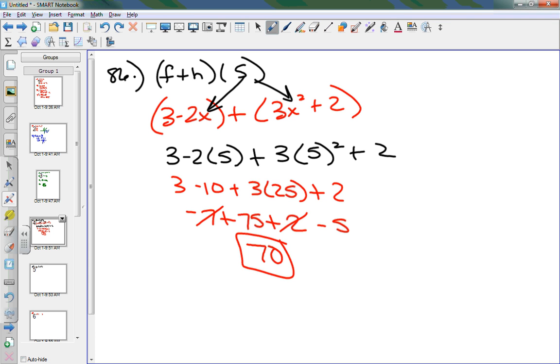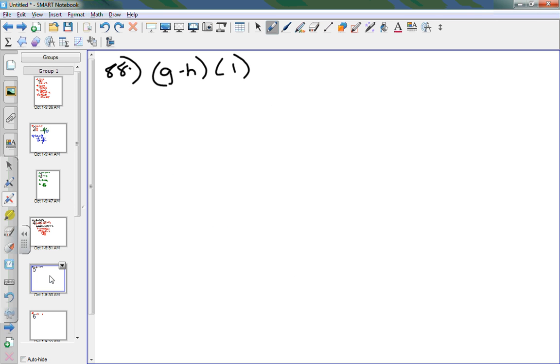88, what's g minus h? G minus h at 1, but what's g? Minus h, what's h? Do I need those parentheses there? Yes, because I'm distributing a negative there.